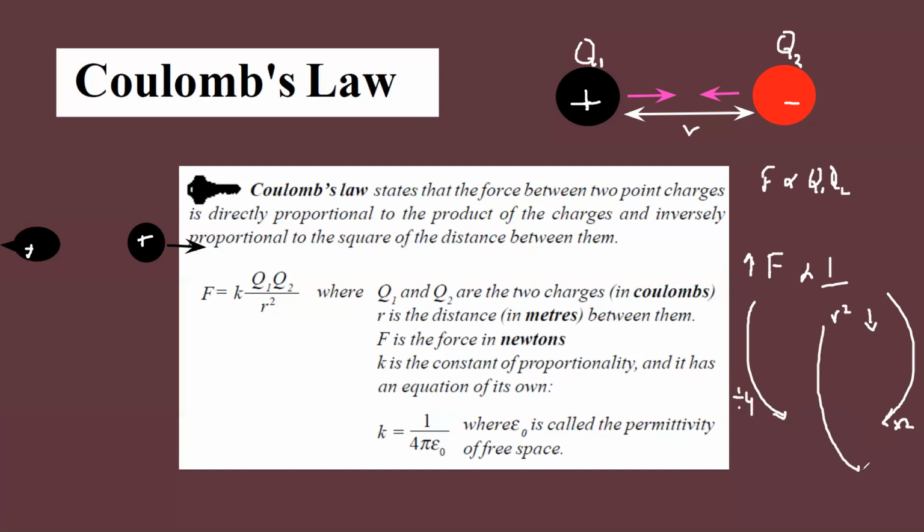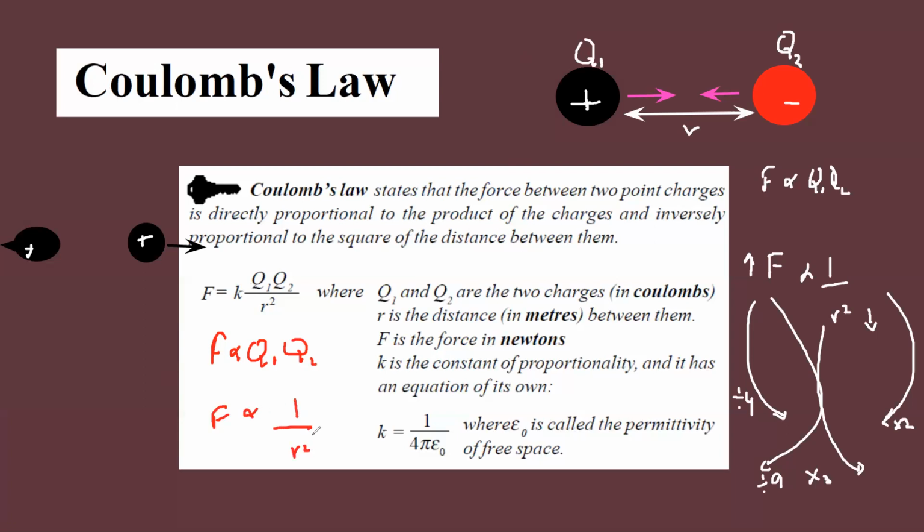Same thing, if the distance is multiplied by 3, the force will decrease, but by what factor? It will decrease by 9. So it varies with a square, and we call that the inverse square law. So according to Coulomb, the force of attraction or repulsion between the two charges is directly proportional to the product of the charges, and it is inversely proportional to the square of the distance between the two.